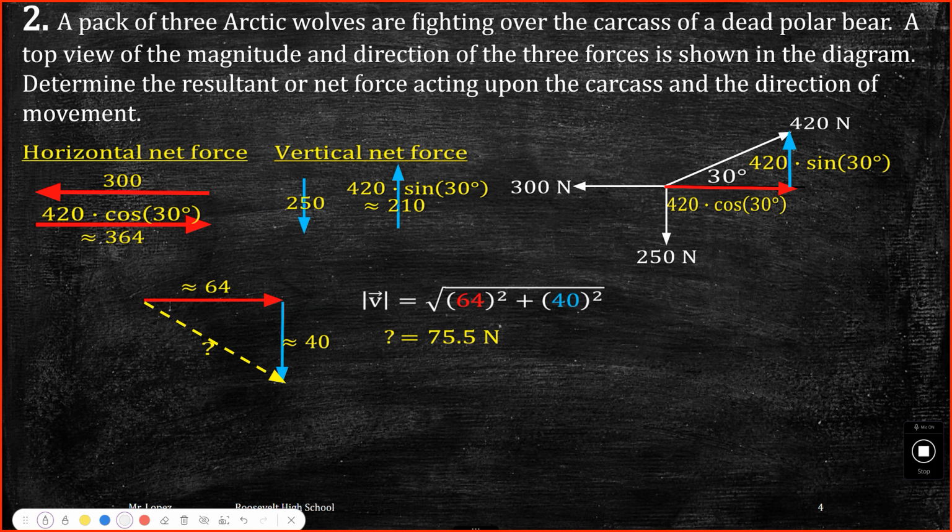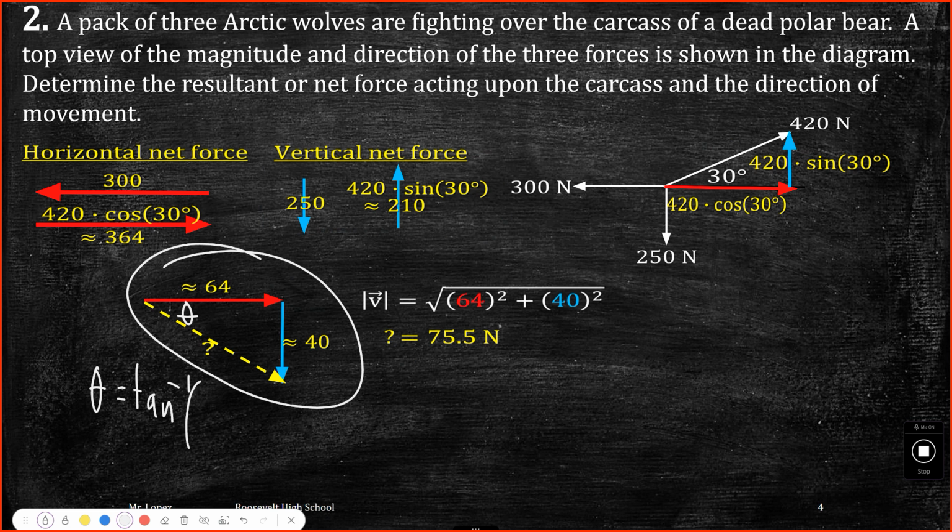And how do we find what this theta is? How do we find theta based off of that? Tangent, isn't it? Because we know the opposite. Tangent inverse of 64 over 40. It's probably going to be positive, but see, we want degrees.